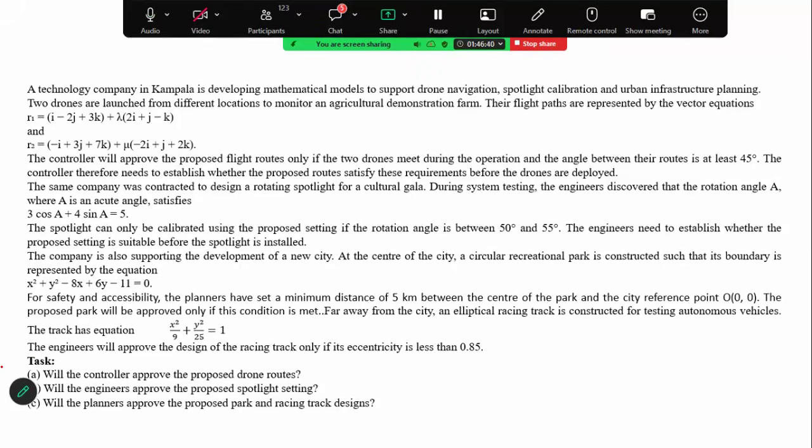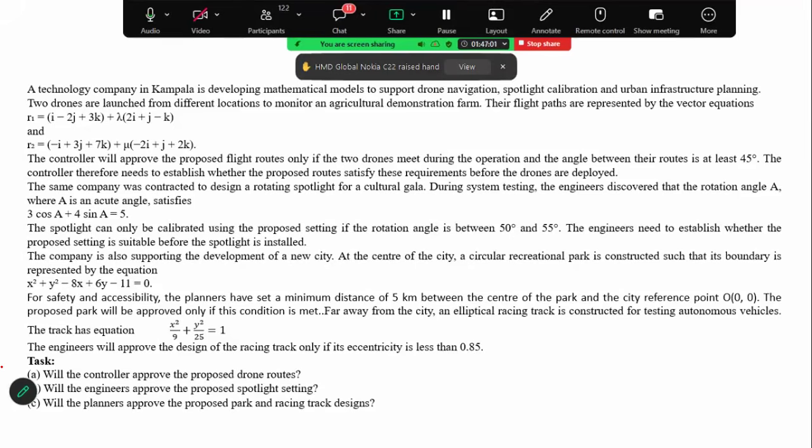Now, when you read through, they are telling you that a technology company in Kampala is developing mathematical models for drone navigation, spotlight calibration, and urban infrastructure planning. Two drones are launched from different locations to monitor an agricultural demonstration farm.